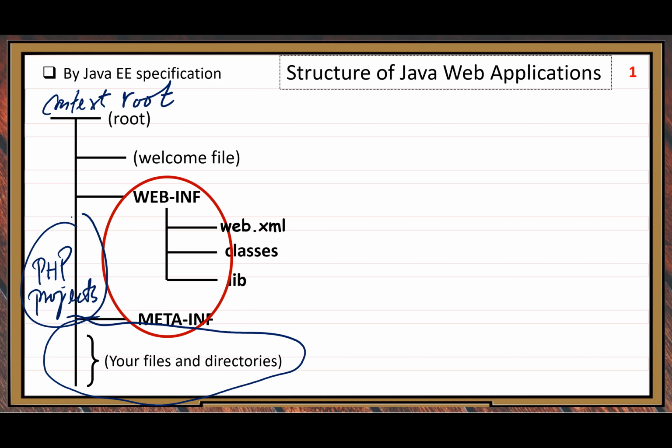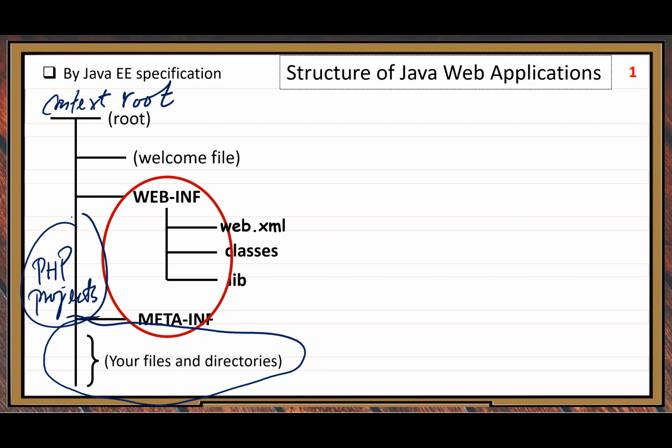The structure is much simpler. The middle part is actually related to configuration. We need that part because some Java web applications use many different resources, and for different resources you need to specify different ways to use them.